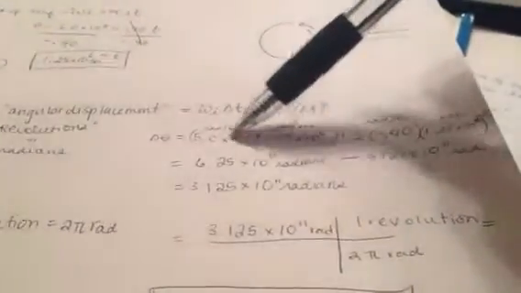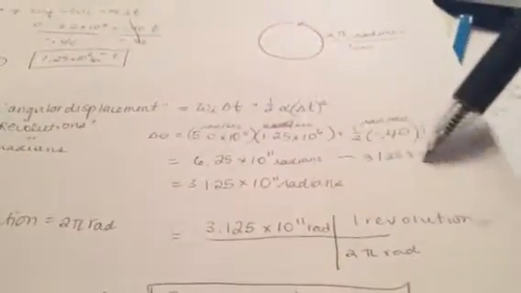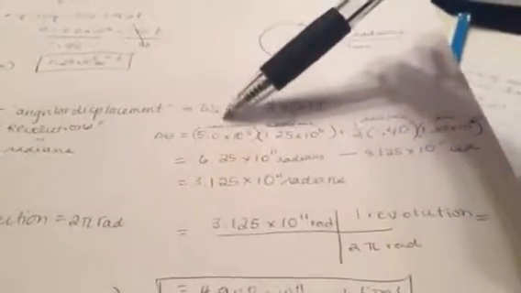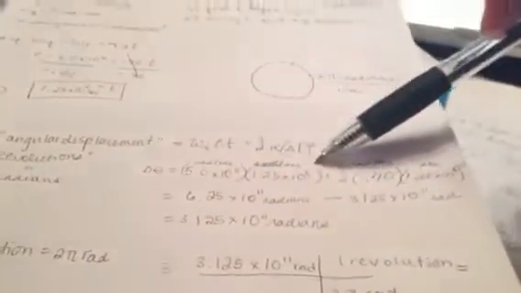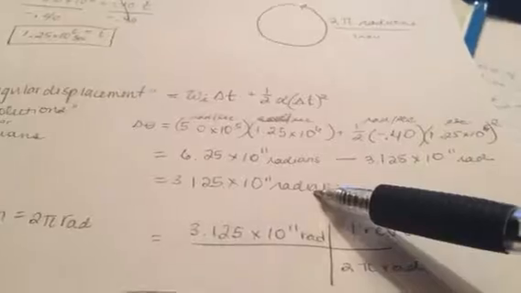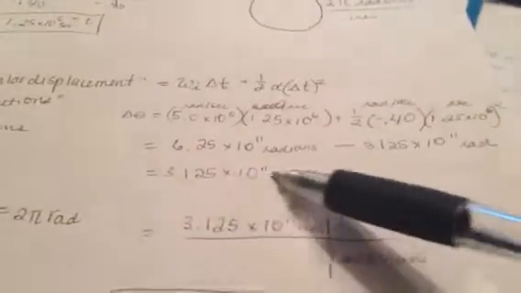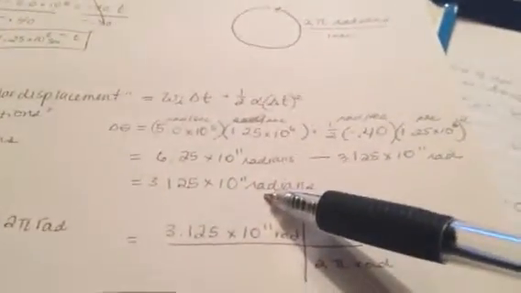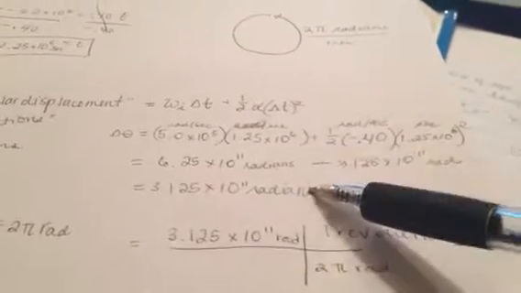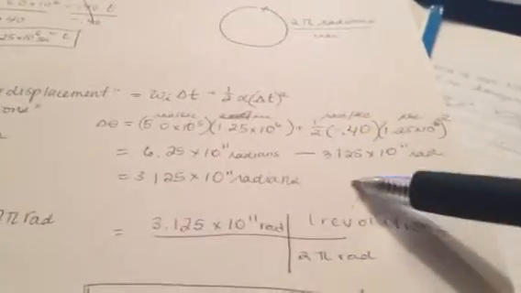We just plug that in the calculator, subtract those values, and check your units, making sure they cross out correctly to give you radians. If you don't get the correct units, you probably did something wrong. So in this case, we have a positive number of radians, which is how many times we went around.